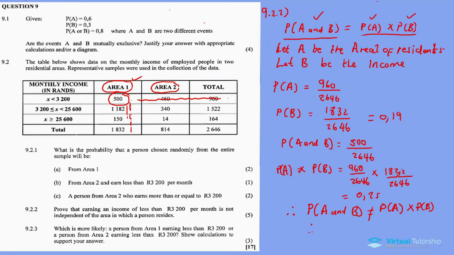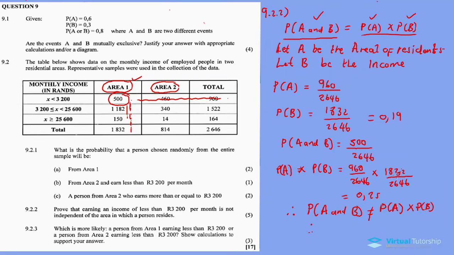So therefore income is not independent of the area in which a person resides. It is in fact dependent on the area in which a person resides. So imagine someone who lives in the kasi, and compare the residents who live in the kasi with residents who live in the suburbs, maybe let's say Sandton or something.